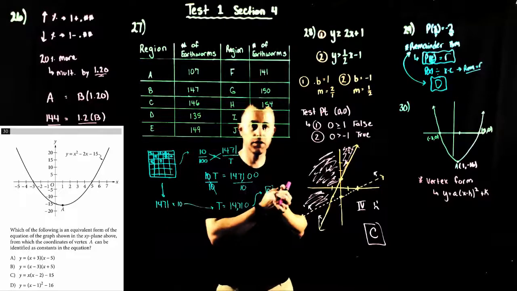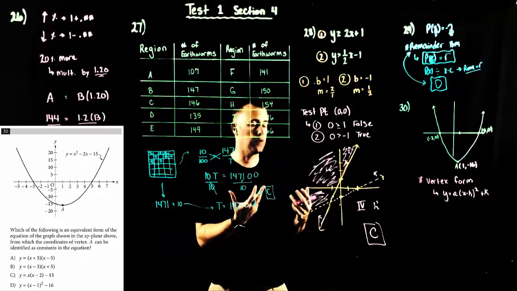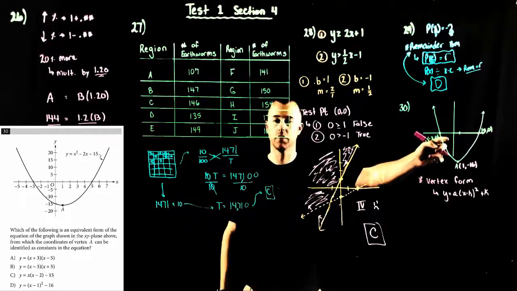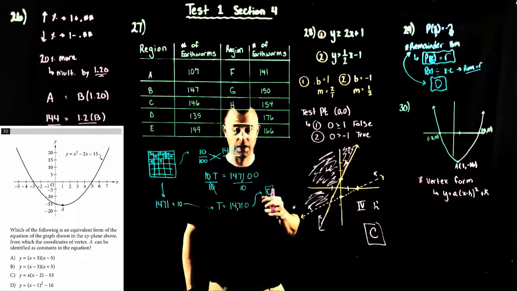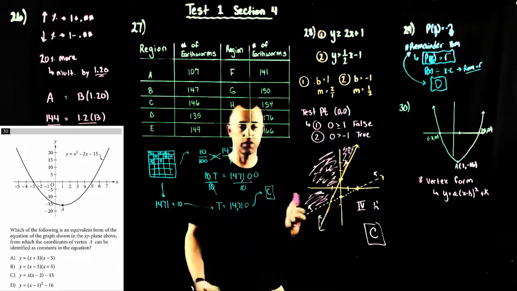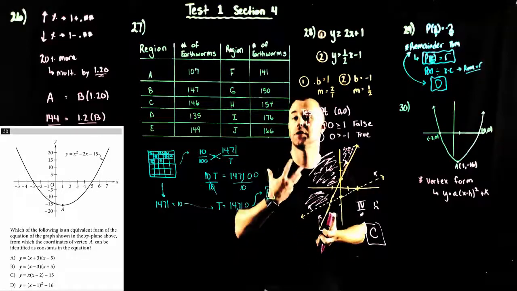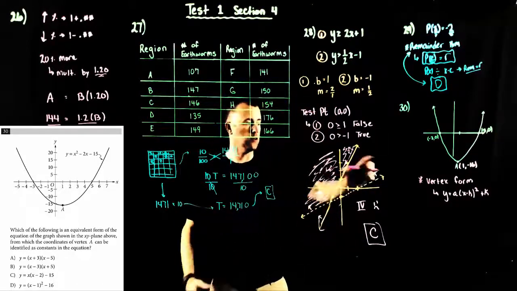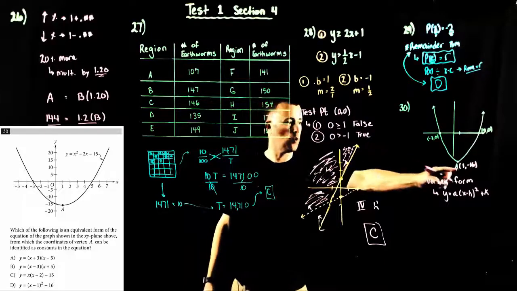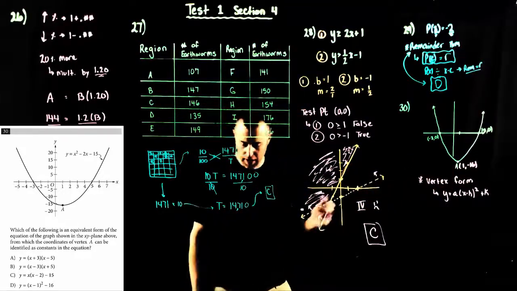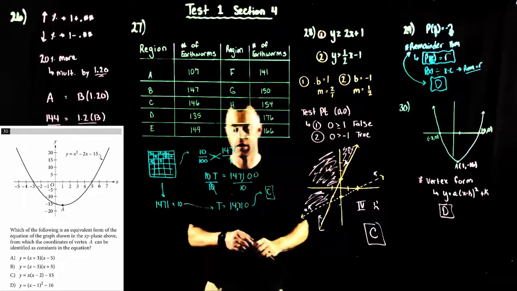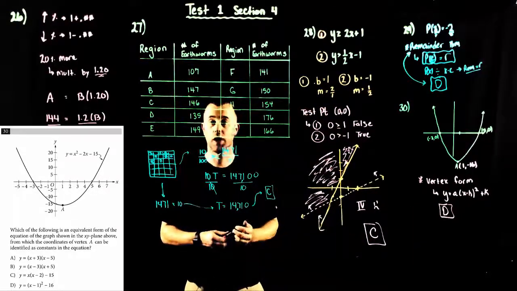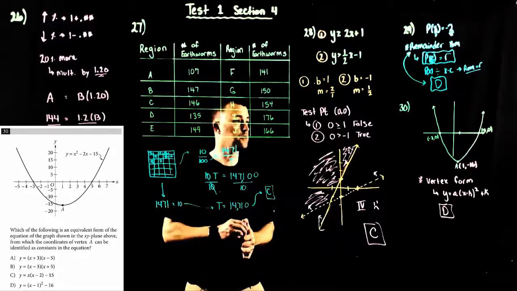While that is a form of this equation, it doesn't necessarily make it the right equation. It may not have the proper vertex in it, just has the right zeros, but that's the one they're going to want to get you to pick. Again, you look for the vertex form that has 1 and negative 16 in it. That's D, that's your answer. So we're going to go with that and really avoid all the traps that may already be there. And that's going to be number 30.